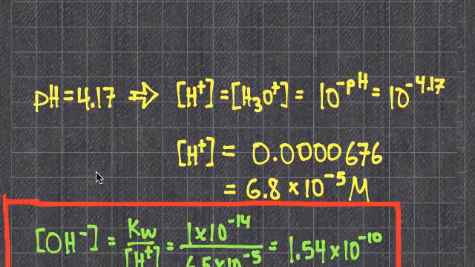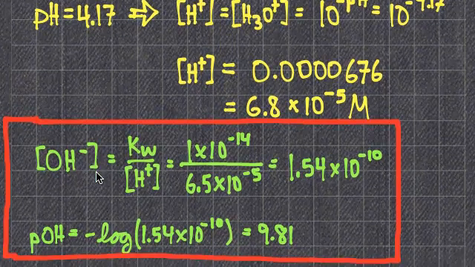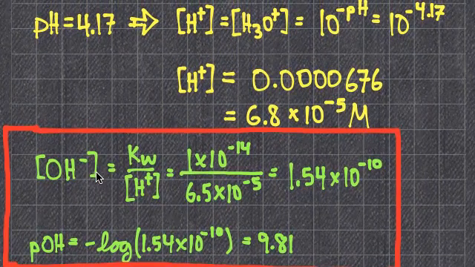Oh, just by the way, this wasn't part of the question, but we might also ask, if this is the hydrogen ion concentration, what's the hydroxide ion concentration? Remember, the Kw for water, 10 to the negative 14, must be the product of the OH minus and the H plus. So if I took that small number, divided it into the really small number, I get this molarity of the hydroxide.